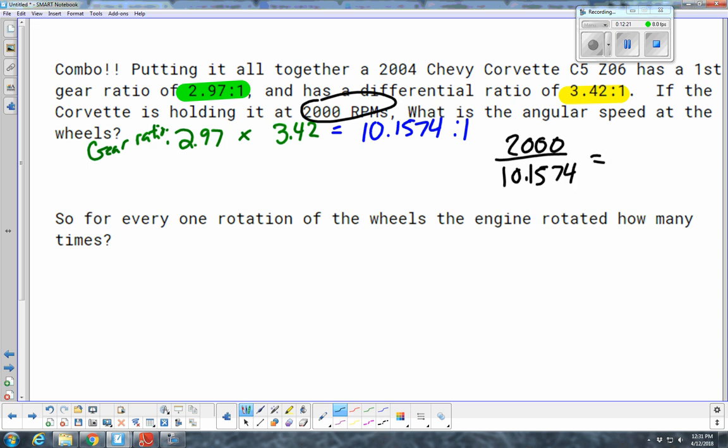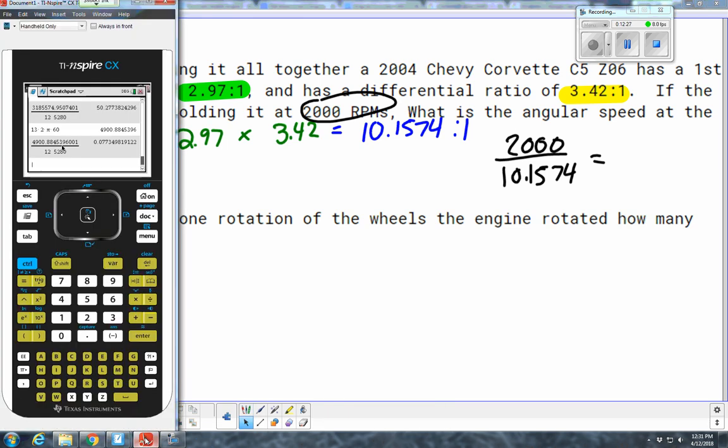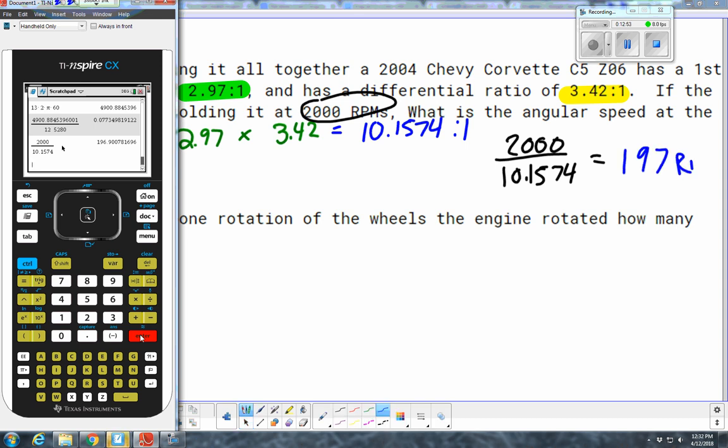Let's work that out on the calculator: 2,000 divided by 10.1574 gives 196.9. We'll call it 197 RPM. So even though the engine's running at 2,000 RPM, the wheels are only turning at 197 RPM.